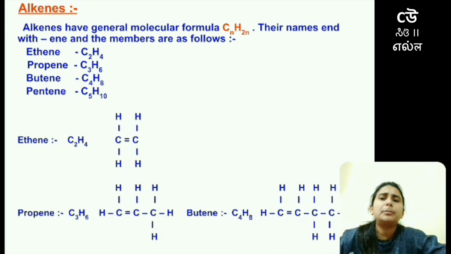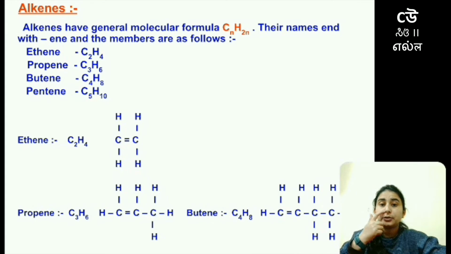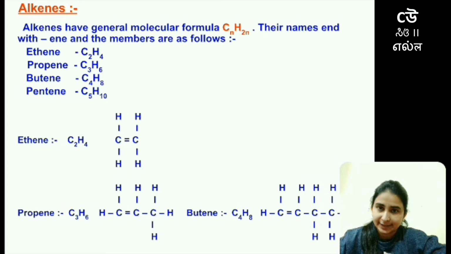Then if we talk about propene, its molecular formula is C3H6. So आप क्या करोगे? You'll first place the 3 carbon atoms, then depending upon your wish, you can place the double covalent bond between any of the atoms. Here they have placed the double covalent bond between carbon 1 and carbon 2.